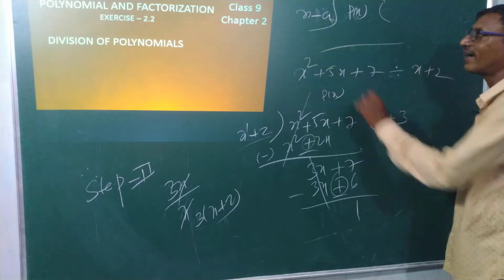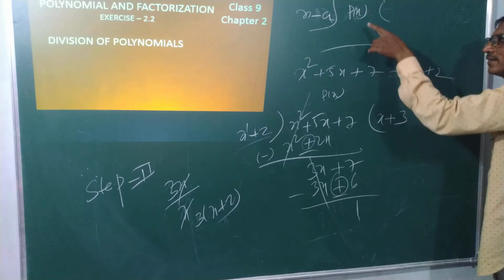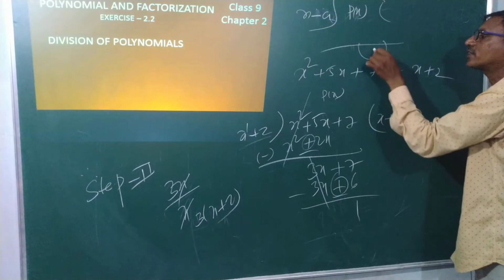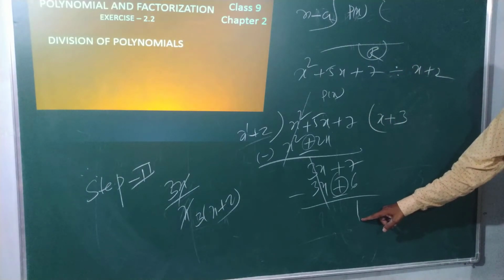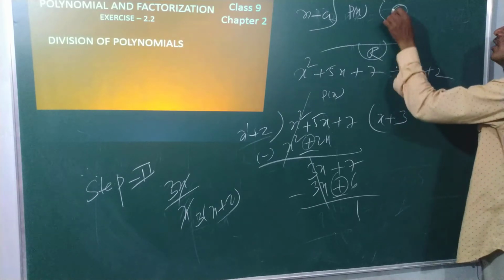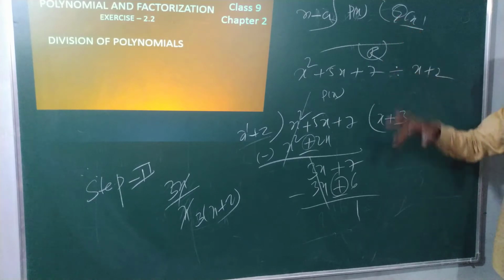Then x minus a divides p of x, gives the remainder r, here minus 1, and it gives the coefficient q of x. This is called the division algorithm.